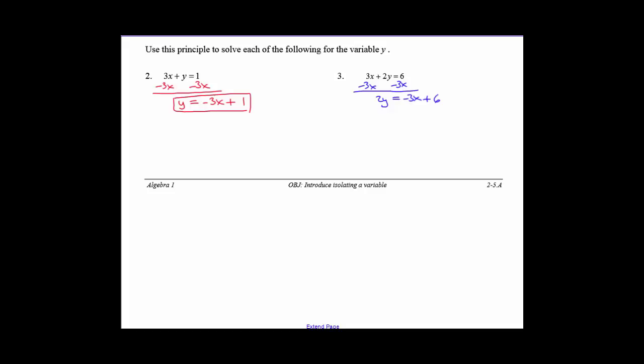And then we have to divide everything by the 2 that's in front of the y to isolate the y. So now y equals, this time we have negative 3 halves in front of x and positive 3 at the end. 6 divided by 2 is 3. And that, my friends, is how you isolate a variable in the standard form of an equation.